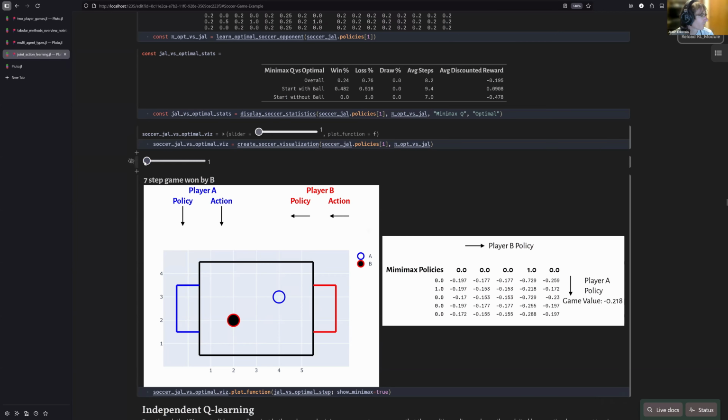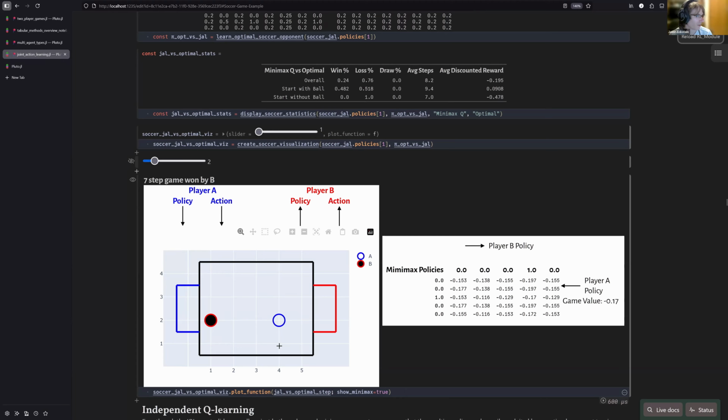But the reason why B moves left here is because there's this blind spot in the joint action learning. We're now in this unusual position. Again, this is a problem with all these sampling techniques: you have parts of the state space you haven't sampled enough to get an accurate policy for. So here, what B's learned to do is move into a weird part of the state space where now A moves down, which is bad.